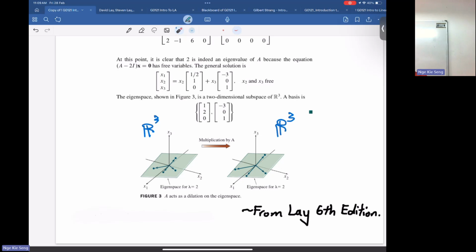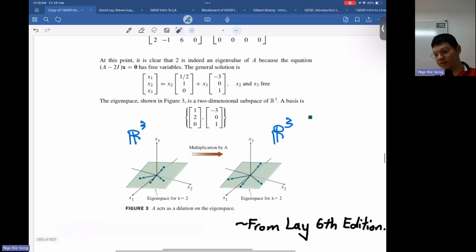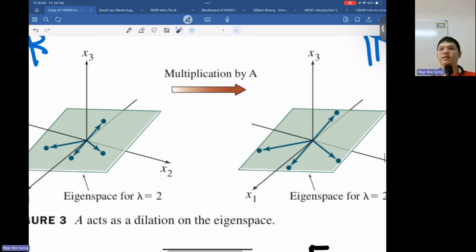I cannot say the plane becomes bigger, it's just the same plane. Just that a particular vector gets sent to a longer vector. Can you see it gets longer for all of these? Zoom in a bit. Can you see? All of these vectors get scaled. See, before, touching the boundary here, this one touches the boundary. Every non-zero vector on this plane gets scaled.